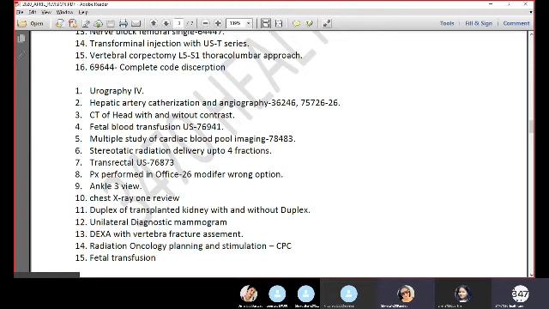Okay. Then next one, please go to cardiac blood pool imaging.